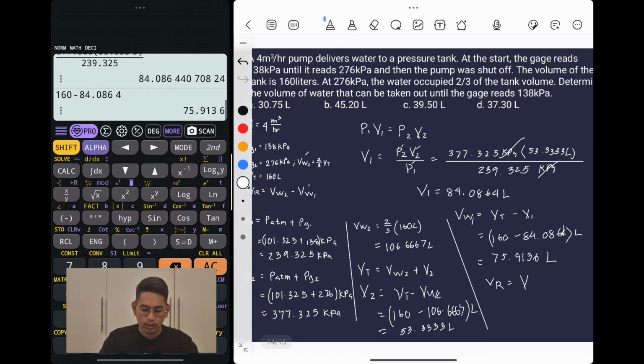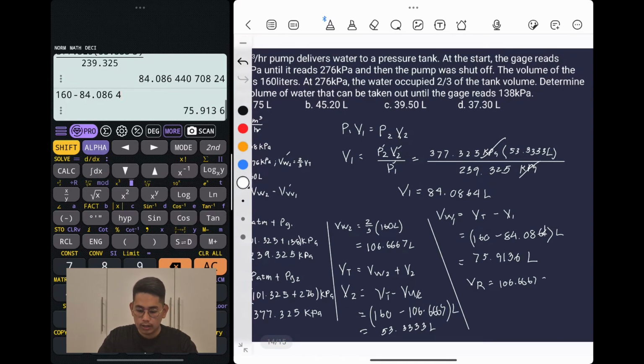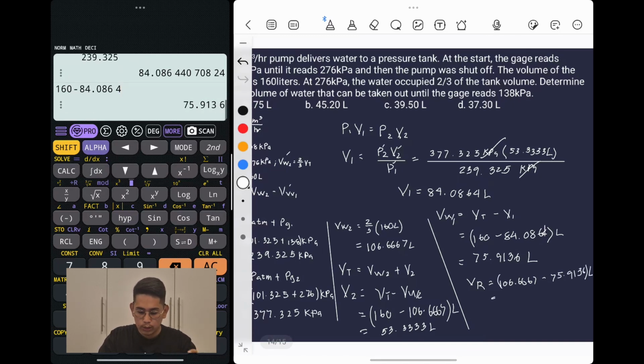So, meron tayong BW1 din. Solvable ng VR, or the water to be removed or taken out, so that the gauge will weigh 138 kPa. So, VR is only BW2, which is, consider na natin, is 53. Sorry.